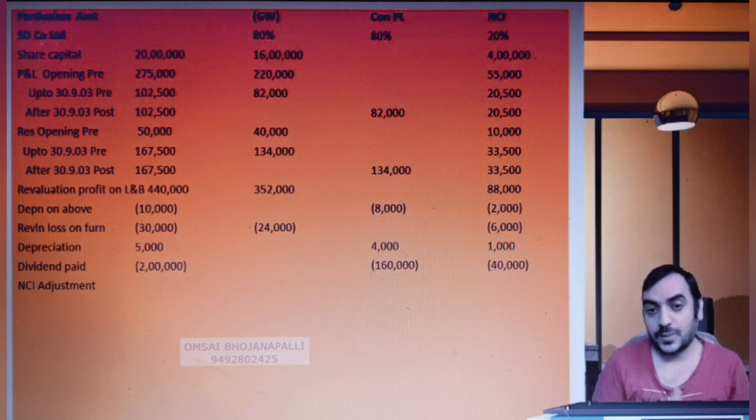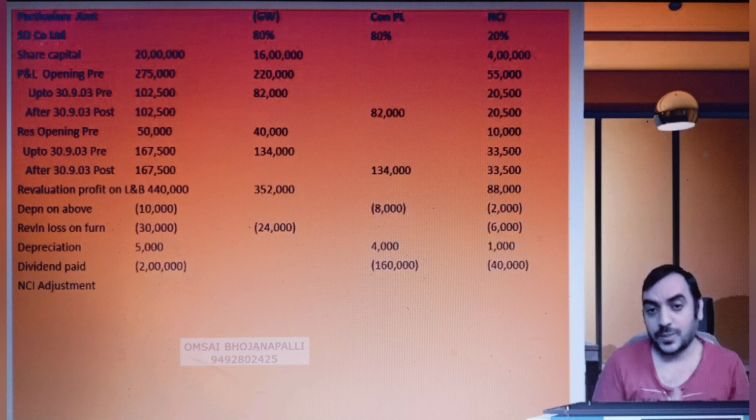Then what is the revalued amount? Revalued at 1,50,000.